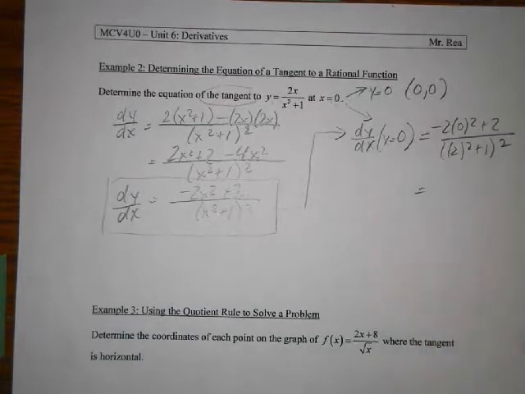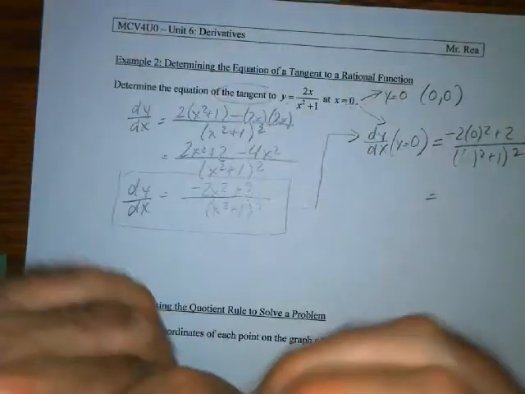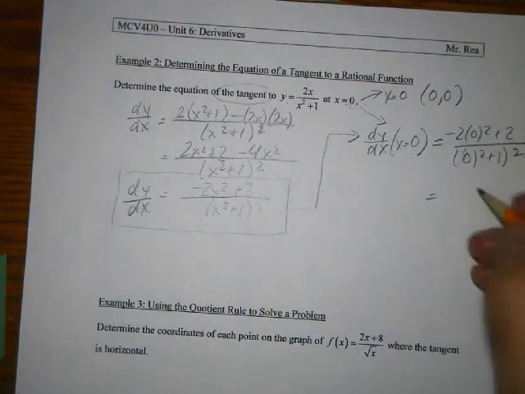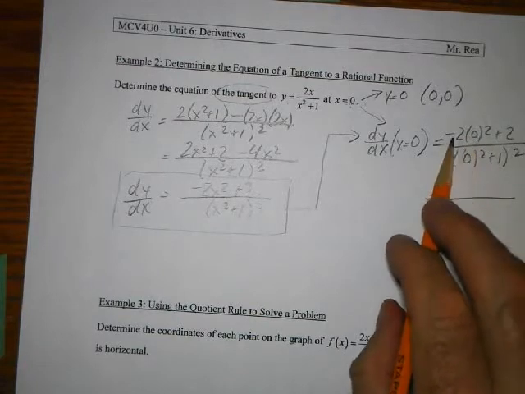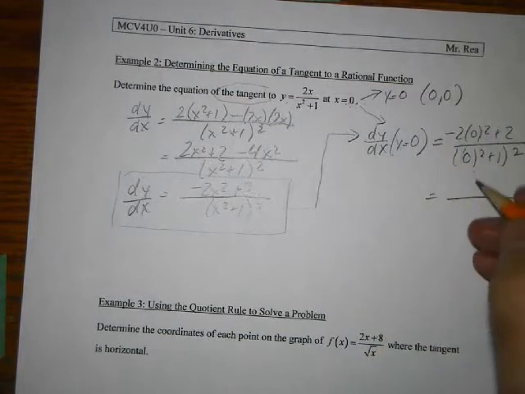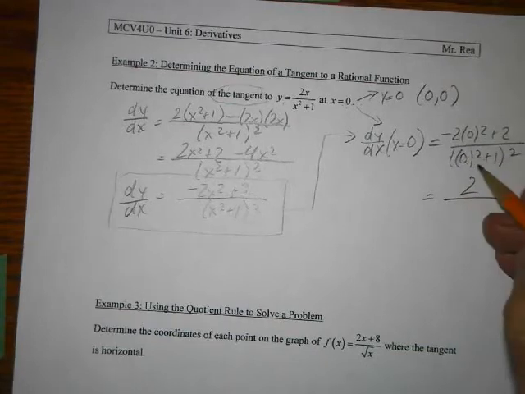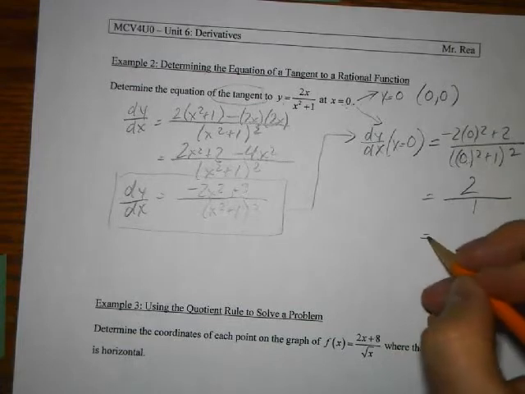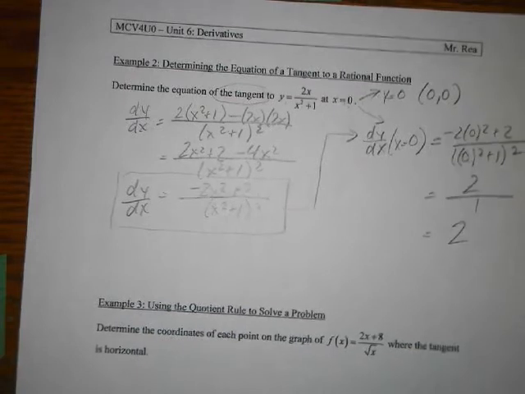Oh, what am I doing? 2 there. That should be 0. Okay, so at the top, we get 0 times negative 2, that's still 0, plus 2. So we get a 2 on the top. Put a bracket there. 0 plus 1, 1 squared is 1. So that's going to be equal to 2.